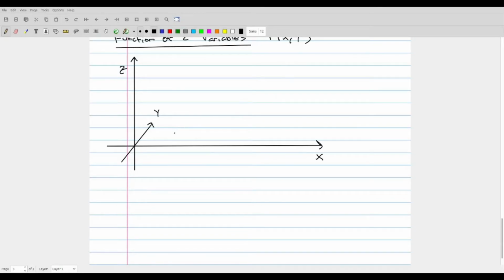So say, at this point right here, the value of the function is right here. At this point right here, the value of the function is, say, right here.